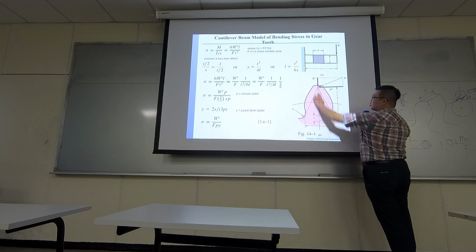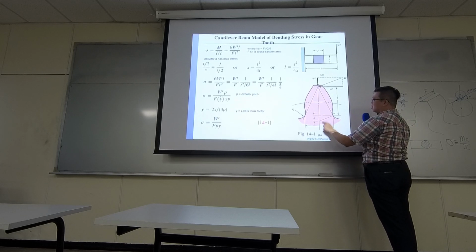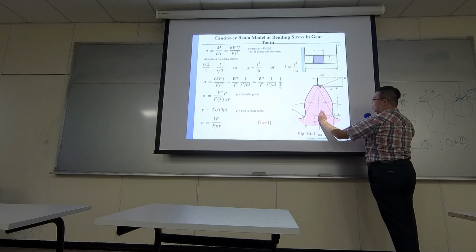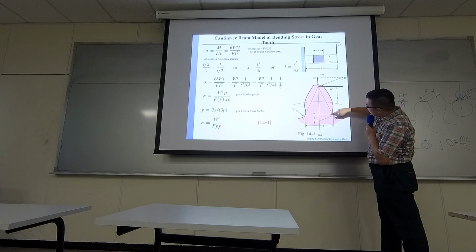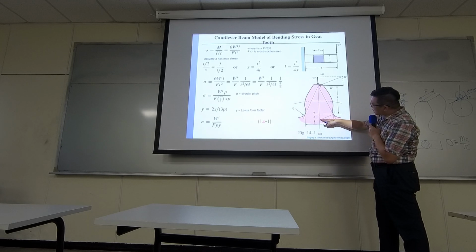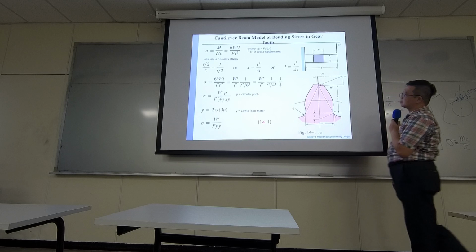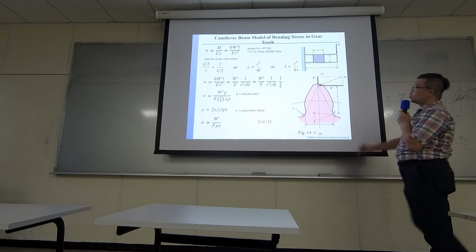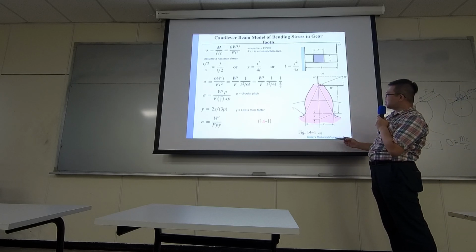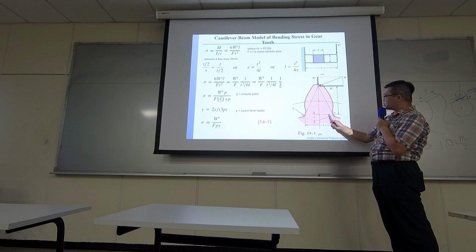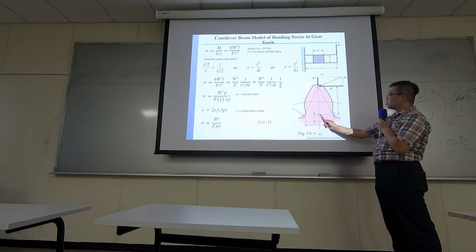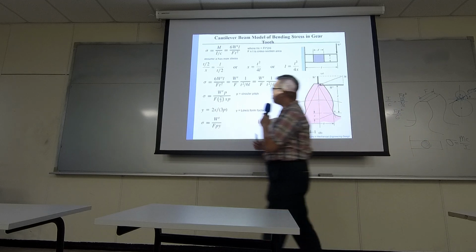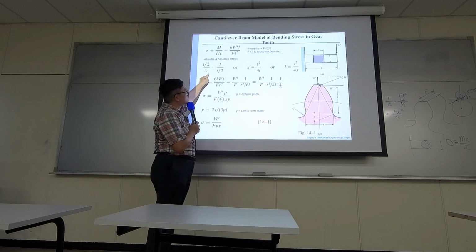Similar geometry, actually this one: L over T over 2. Okay, so this triangle has similar shape as this triangle. Again, this is T over 2 over x equals L over T over 2. Using the similarity of the triangles, you have this equation.